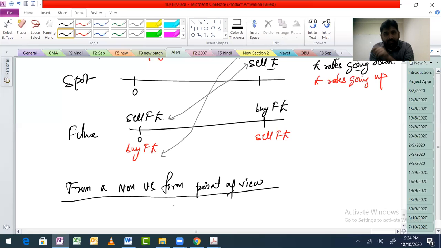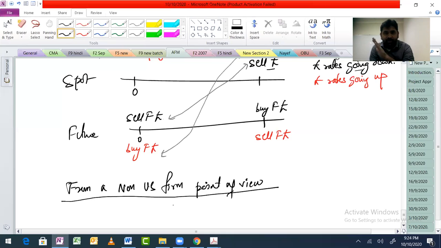Now in real life, what happens? If I am a UK firm buying something from France, I will buy Euro futures, and I will do some hedging with the dollar also.